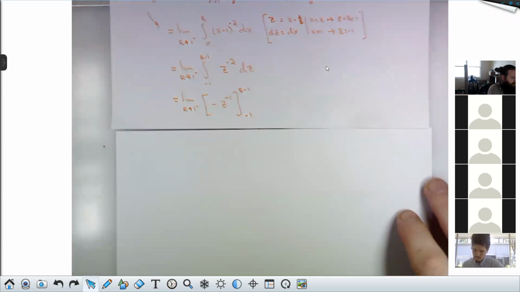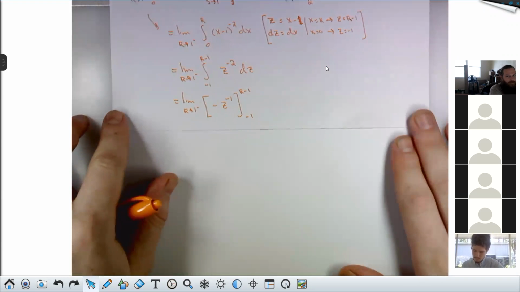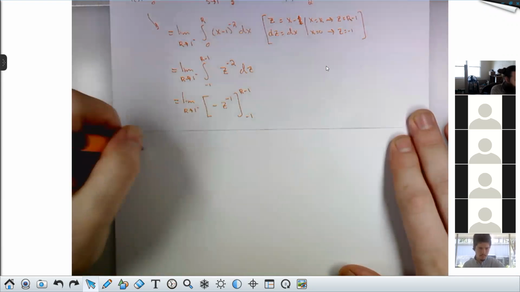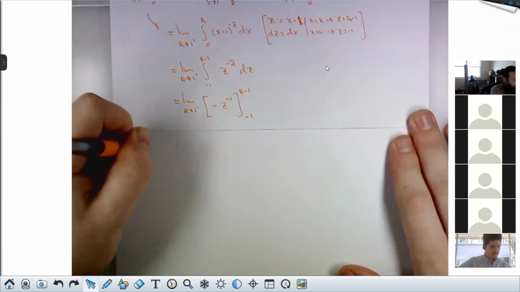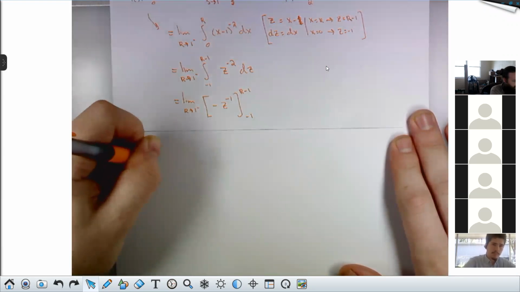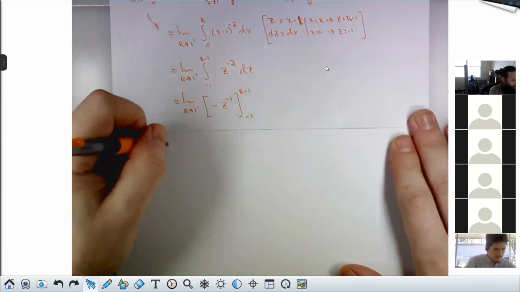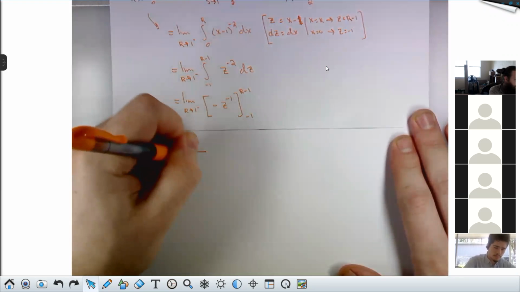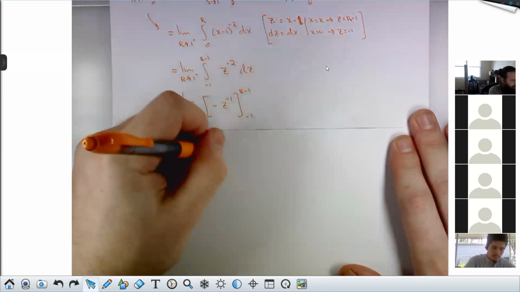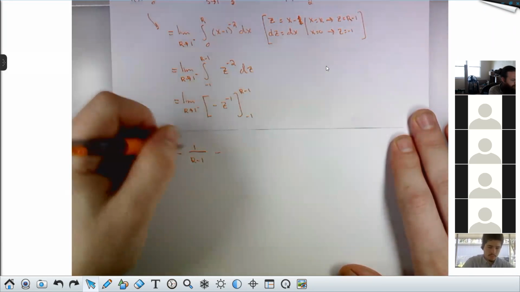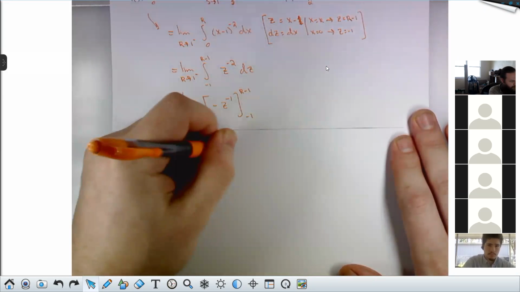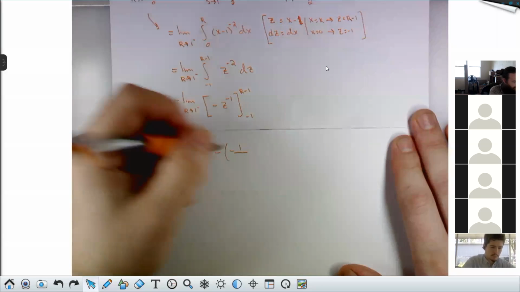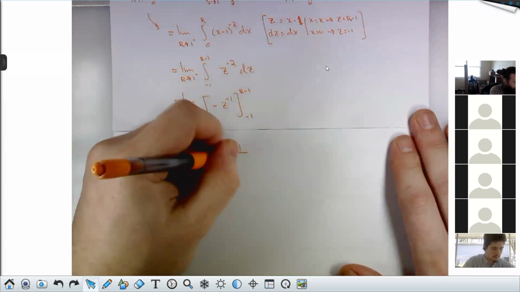So what is this? Negative z to the negative 1. That's negative 1 over z. So this is the limit as r goes to 1 from the left of negative 1 over r minus 1 minus negative 1 over negative 1.